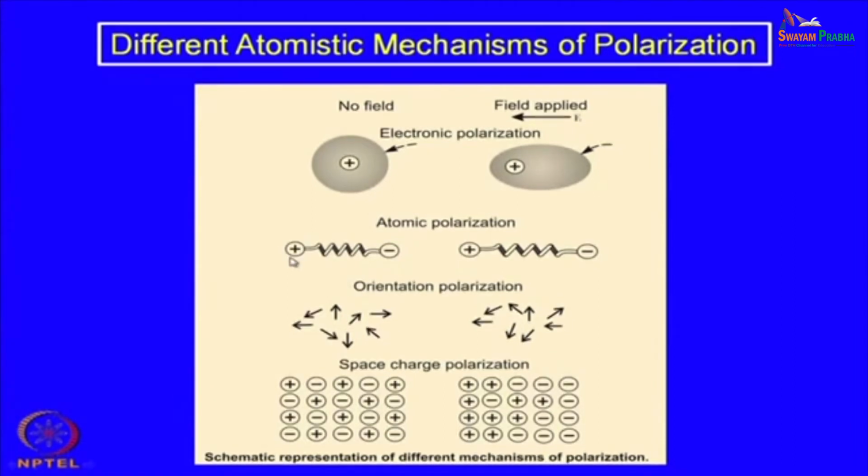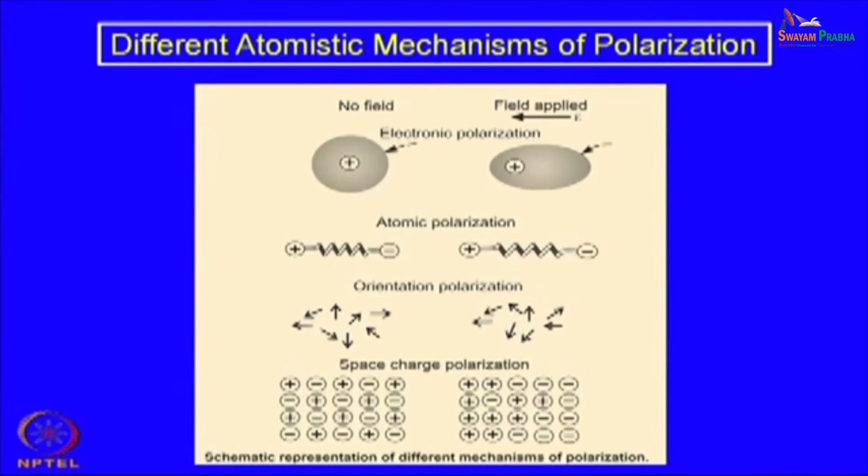Initially this is the distance of separation. Unlike here, where the distance of separation is 0, here there is a distance of separation, because one cation, for example, is located next to one anion, but there is a distance of separation or interatomic spacing.